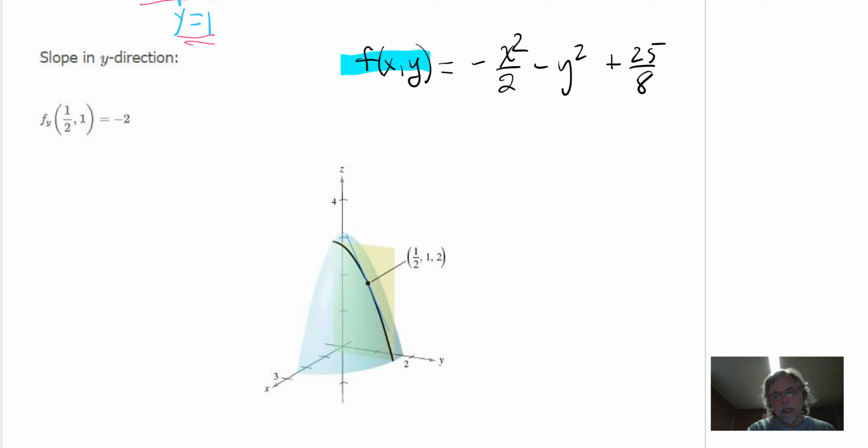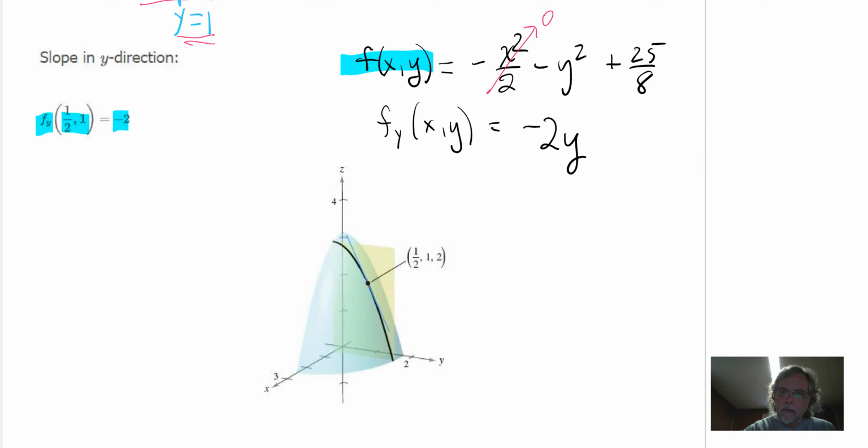Now for the same function, let's verify this. The partial derivative with respect to y at the same point, x comma y equal to 1/2 comma 1, is equal to negative 2. And that's what's illustrated in this picture. First, let's do the partial derivative. Differentiating with respect to y means x is treated as a constant. So the first term, negative x squared over 2, is a constant. The second term's derivative will be negative 2y, because y is the variable now, and the third term is a constant, so the derivative of that is 0.